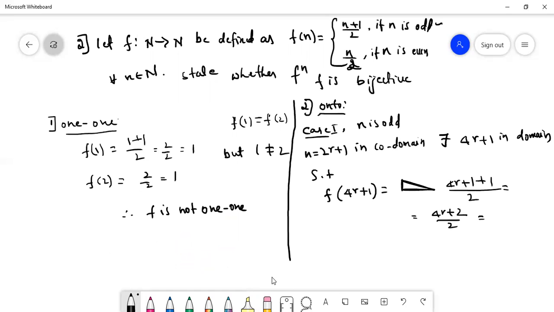If I take 2 common, it will get cancelled to 2r plus 1. Again, you get the same number, that is 2r plus 1.